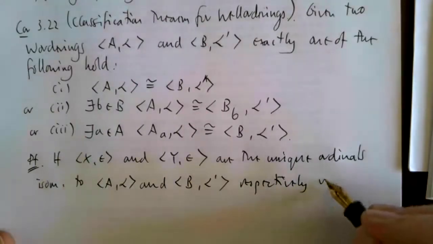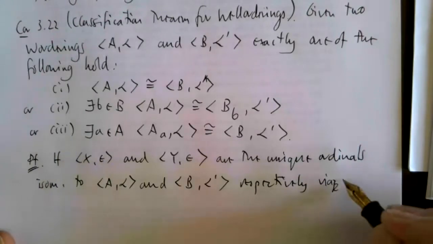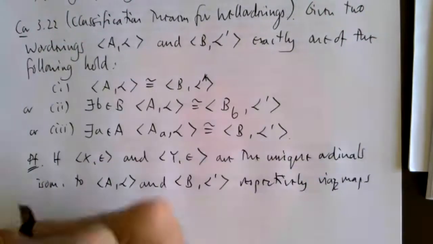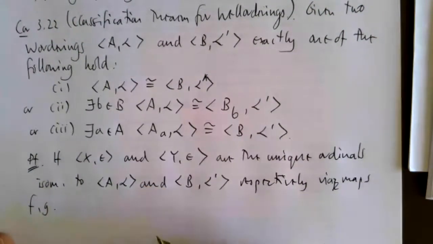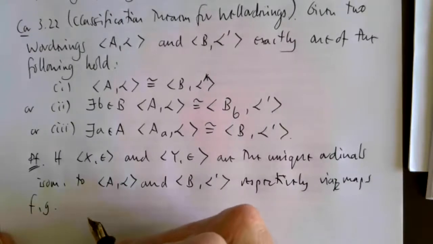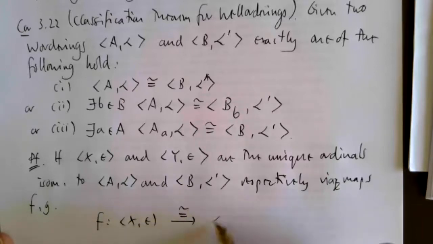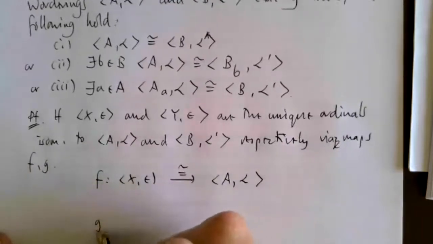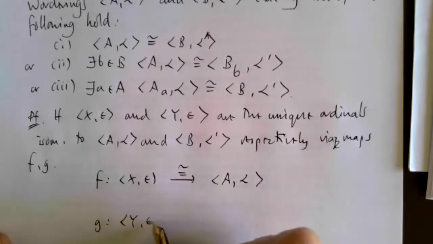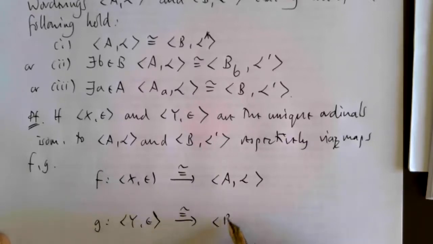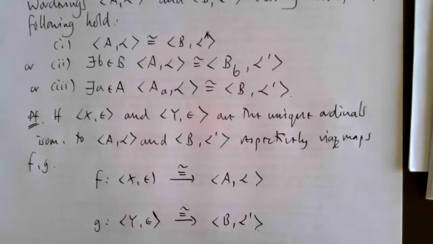Perhaps via maps, F and G. So I've got something like F is taking X with epsilon isomorphically to A. And I have G going from Y with epsilon isomorphically to B, like this.